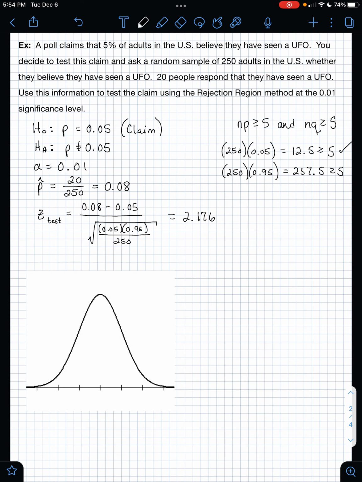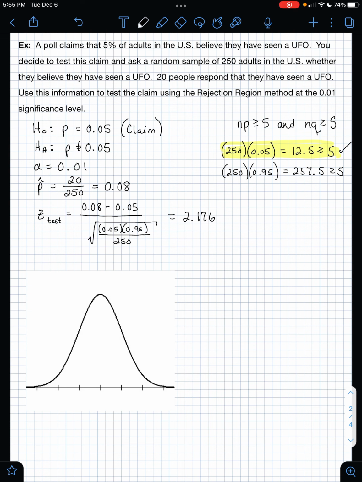So one of these will be smaller and the other will always be larger. So if the smaller one is bigger than 5, then the larger one obviously has to be bigger than 5. So we really can get away with just checking the one, typically. We check whichever is smaller, p or q, and that's enough to know that the other one is also going to be true.